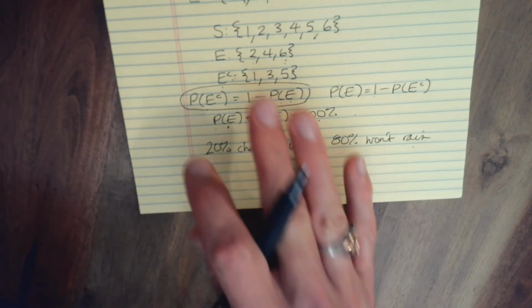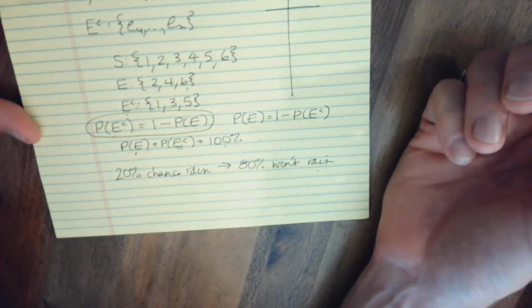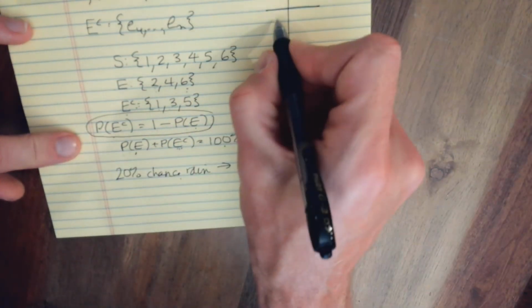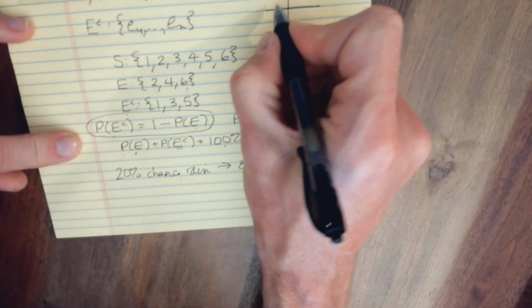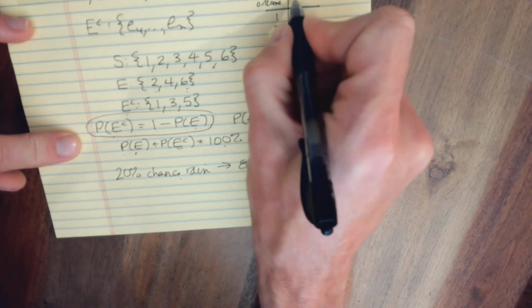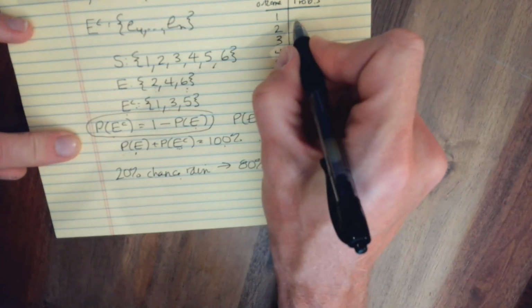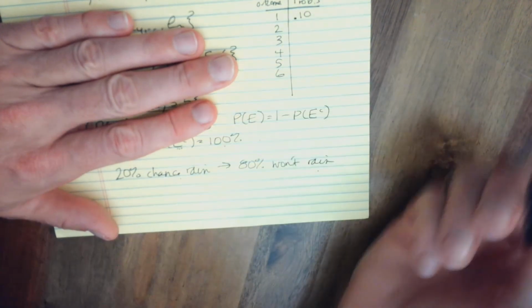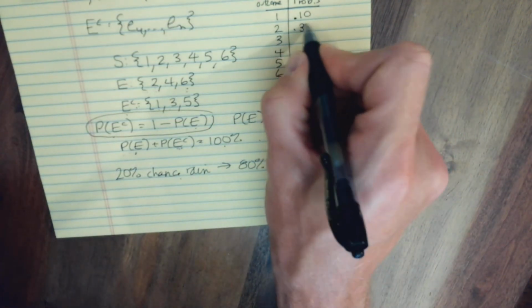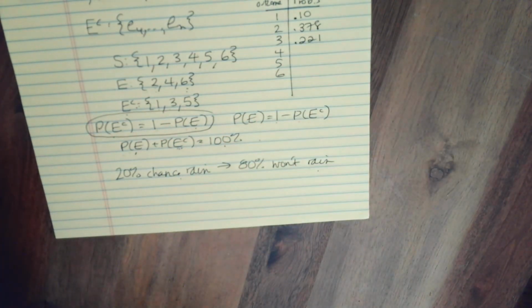The complement rule can come in really handy if you have a list of possibilities. Let's say that we still have 6 possible outcomes. These are my outcomes, and over here I'll have the probabilities. Let's say the probability for 1, so this is not a fair die, this is something else, maybe has a probability of 0.10, and maybe this has 0.378, and this is 0.221, and so forth.